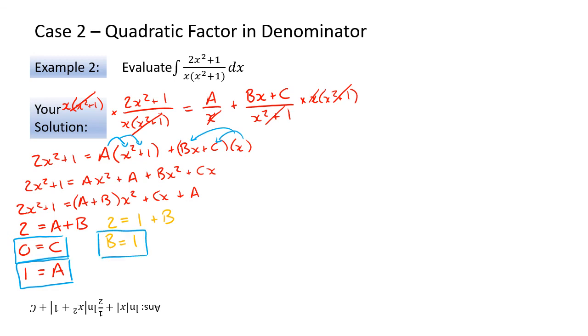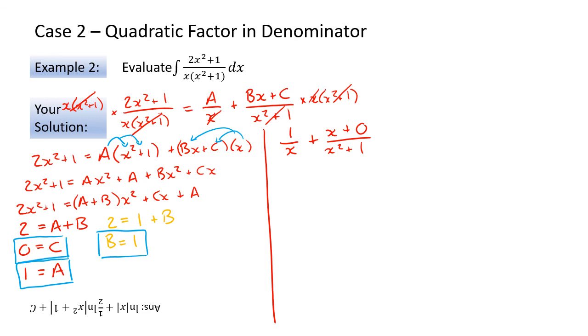So we have all three factors now, and we can now substitute them into our partial fractions. For the first one, we have 1 divided by x. And for the second fraction, we have x plus 0, because c is 0, divided by x squared plus 1. So we have our partial fractions now.